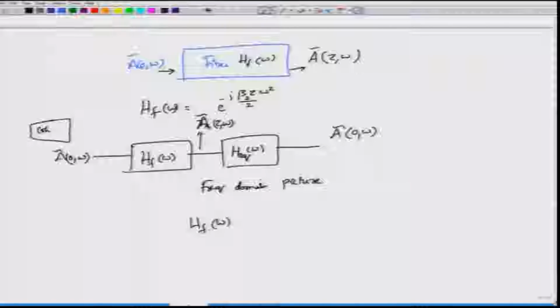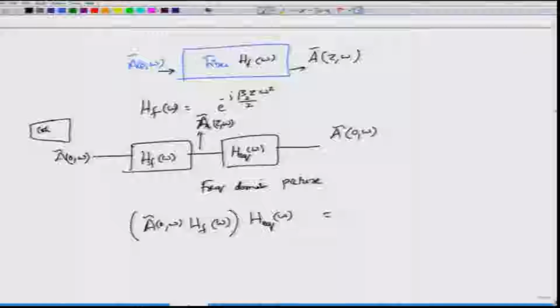So, if I multiply Hf(omega), the fiber transfer function, by the input you are giving to the equalizer filter, the second filter, the equalizer filter, will multiply by H equalizer(omega). This is the transfer function of the second filter.